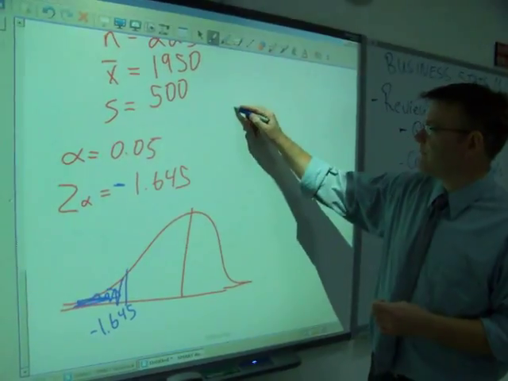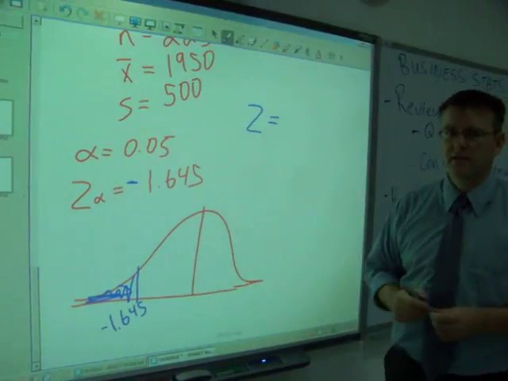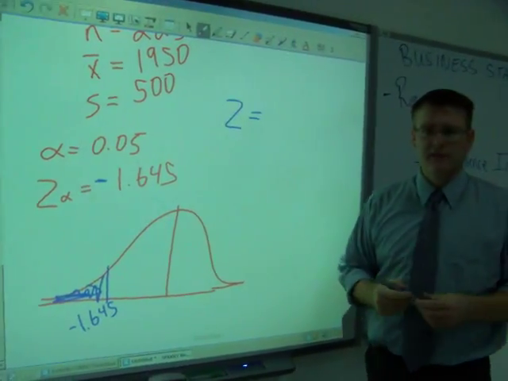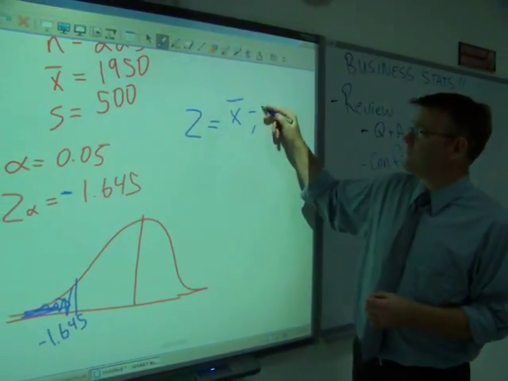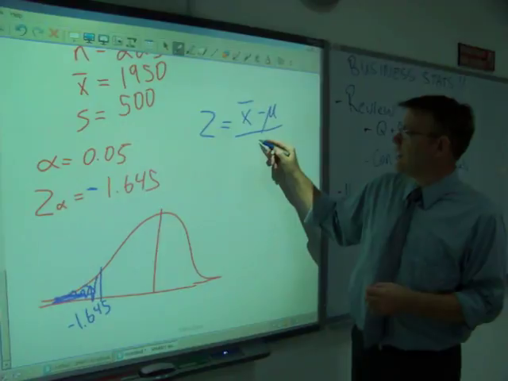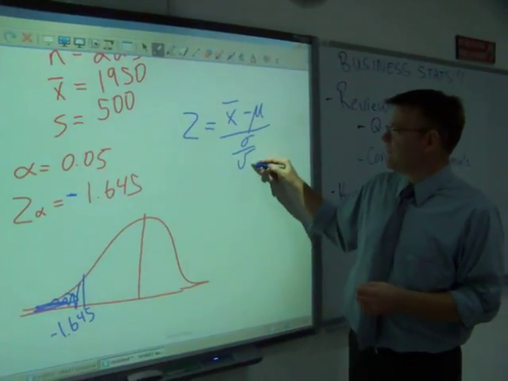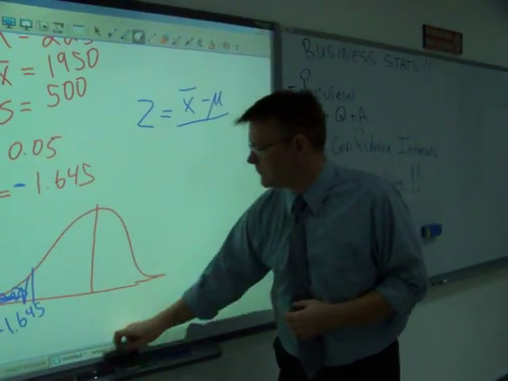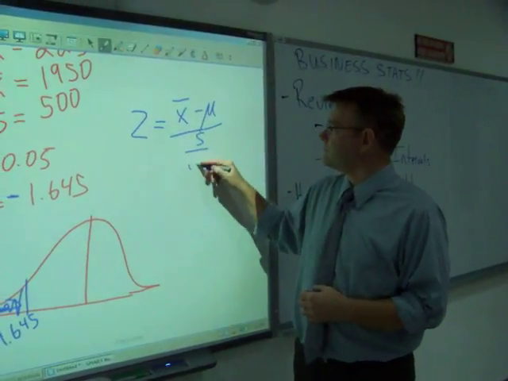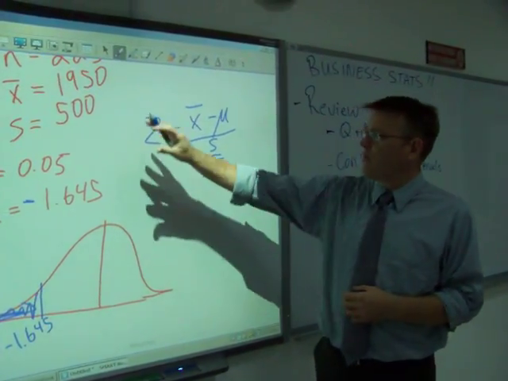Now the fun stuff, your first calculation is going to be the test statistic, Z. And we've seen this formula in other sections. We take the difference of the sample mean from the population mean, the standard deviation, and the sample size. We have all those values there.